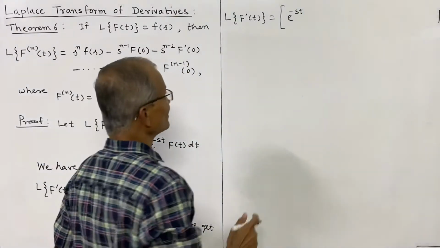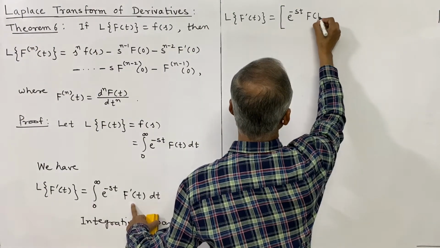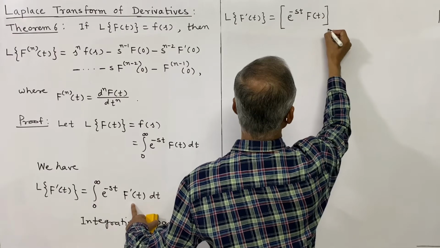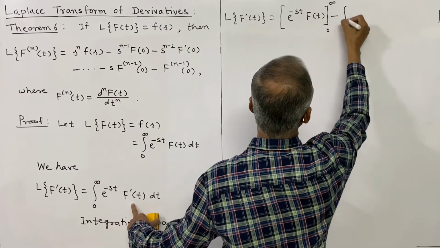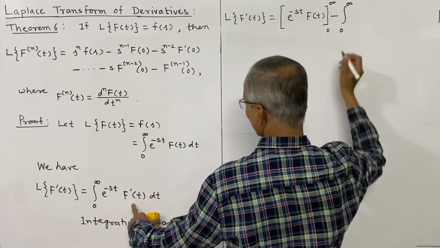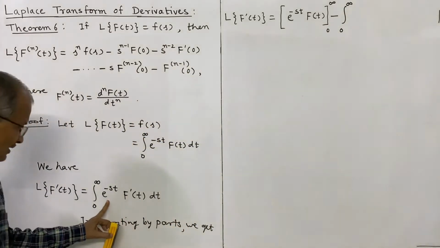First function, integration of second, what is integration of f dash t, which is f of t, and the limits I shall put over this bracket 0 to infinity, minus integral 0 to infinity derivative of the first with respect to t, e power minus st.